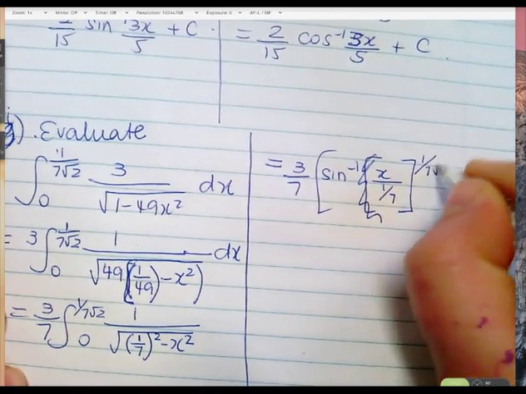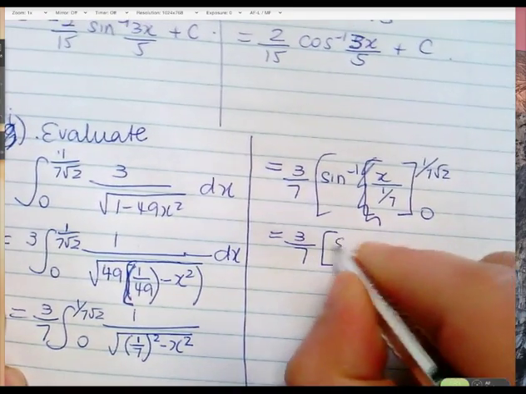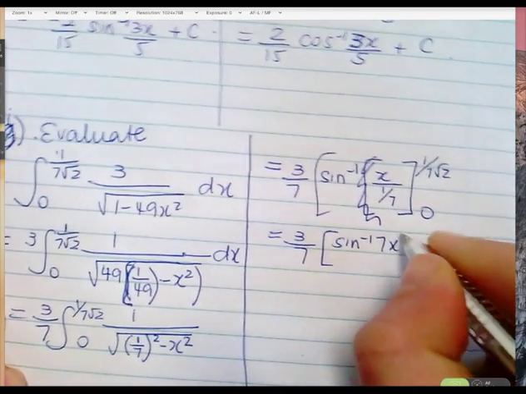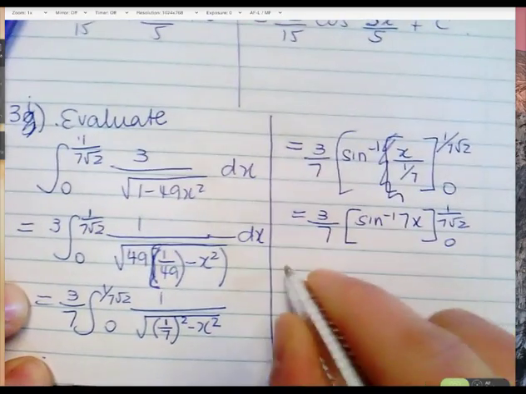Probably to save some time, you may as well write that as 7x to start off with, from 1 on 7 root 2 to 0.